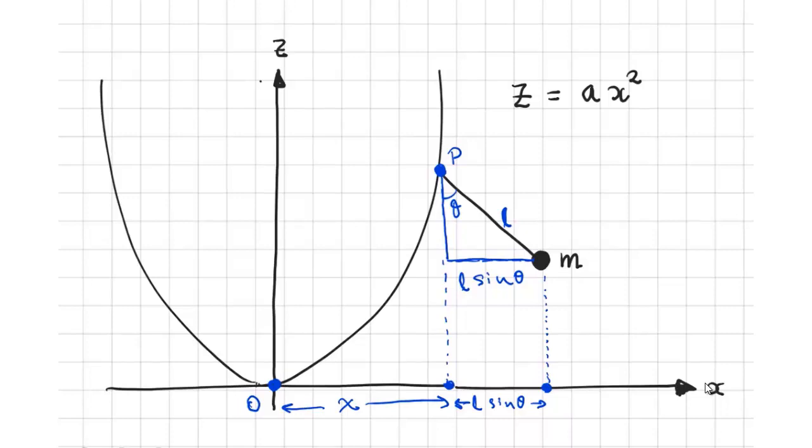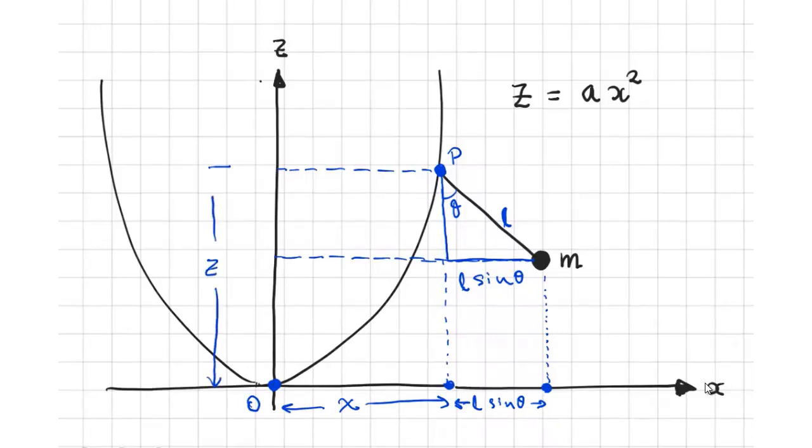All right, now working along the z-axis, we see this is the projection onto the z-axis of the mass position. But we need to know what is the distance between the origin of coordinates and the point P along the z-axis. This distance is z.